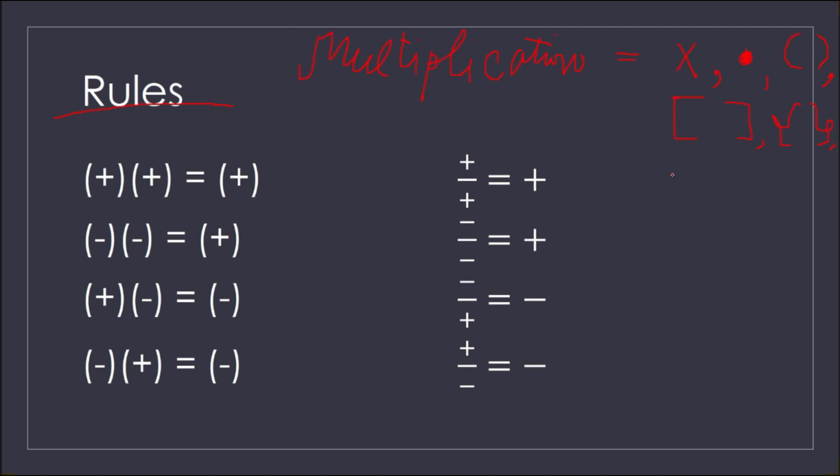And at times, in calculators or some computers, the asterisk sign also means multiplication. And please remember that we don't use the asterisk when we are solving. We don't write it. So the usual ones you would see are the point, the parenthesis, the bracket, the braces. Alright, so here are the symbols for multiplication.